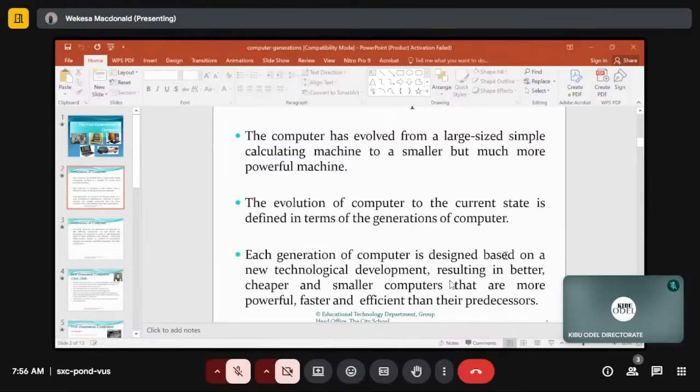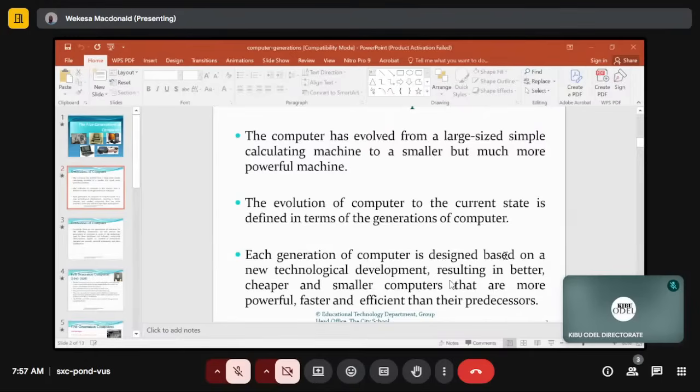The evolution of computers to the current state is defined in the generations of computers. Each generation of computers is designed based on new technological development. This technological development has resulted in better, cheaper, and smaller computers that are more powerful, faster and efficient than their predecessors.